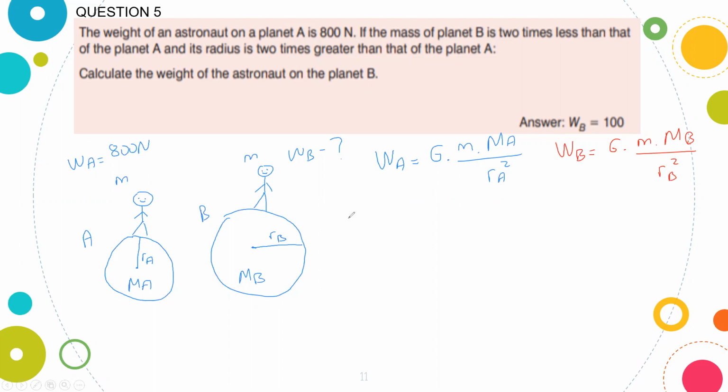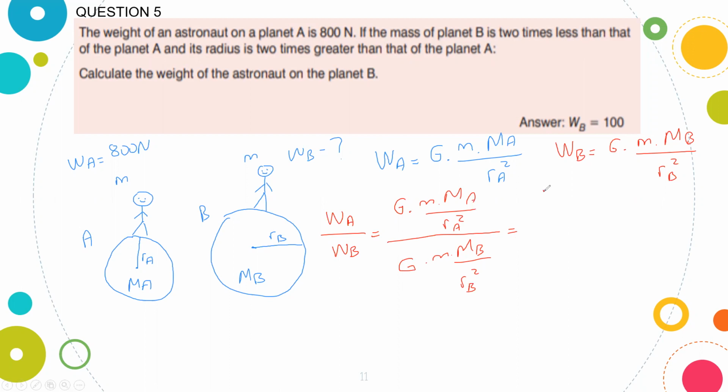Okay, from now, we are trying to cancel, so you can use WA over WB, and then on top you can write G times MA over RA squared, over G times MB over RB squared. From now, what do we know, people? MB is 2 times less than MA. So you can write here MA over 2.